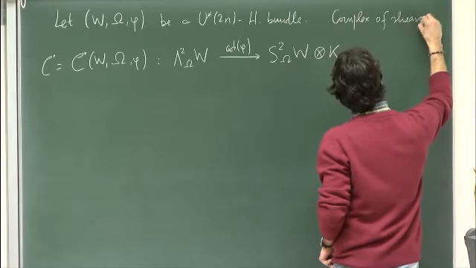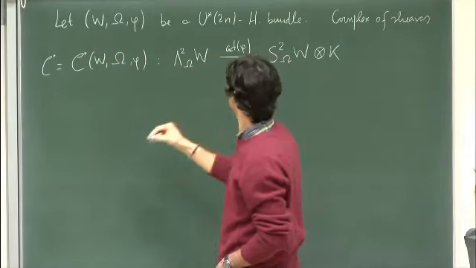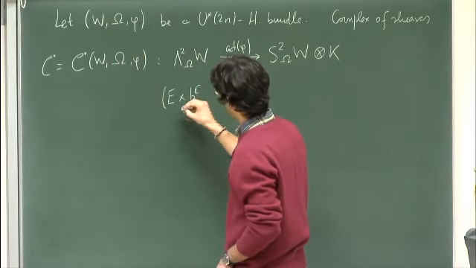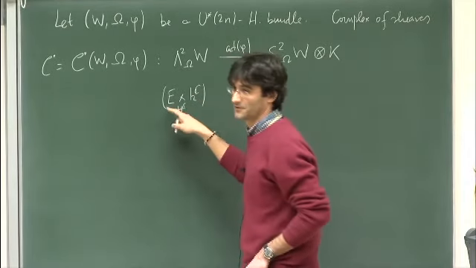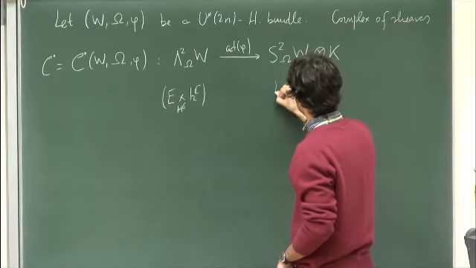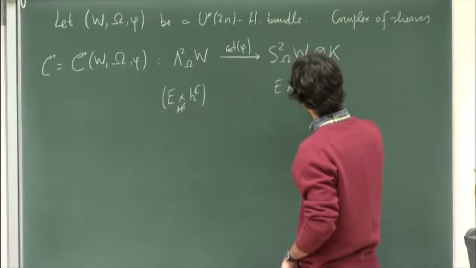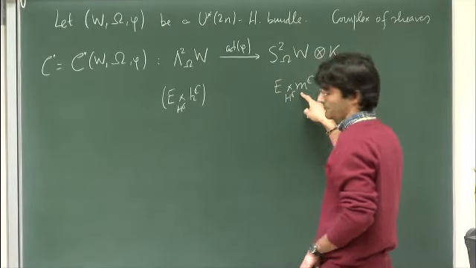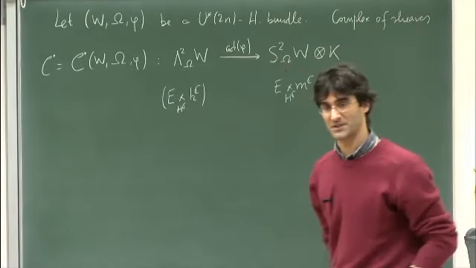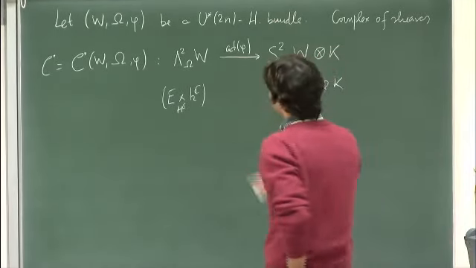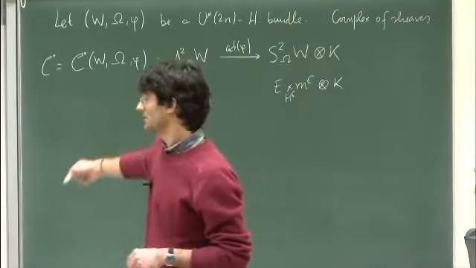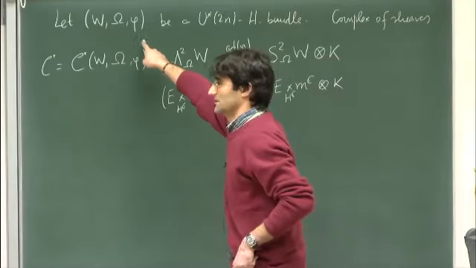which is in general a particular case. In general, for Higgs bundles, here we can take the adjoint bundle of E coming from the adjoint representation, and here we take the bundle with fibers m^C twisted by K, coming from the isotropy representation. So this complex governs the deformation theory of the Higgs bundle.